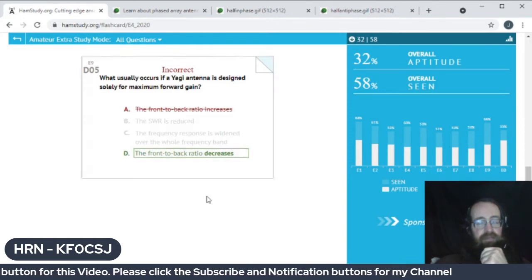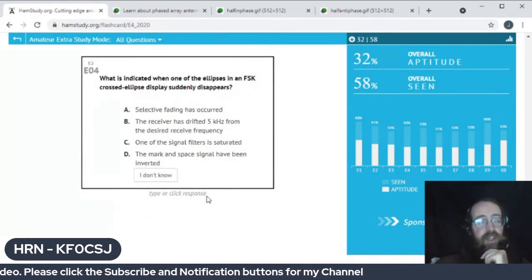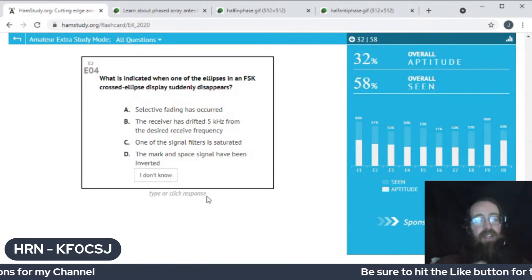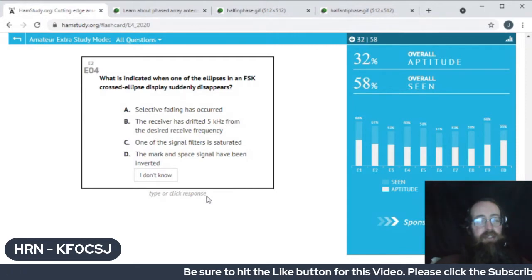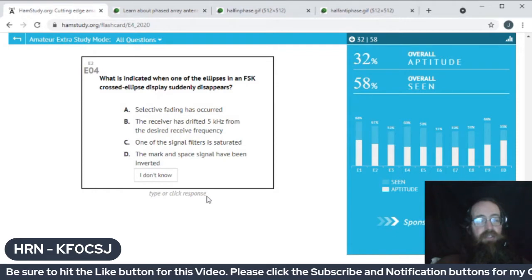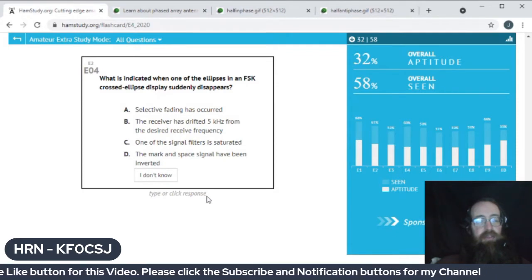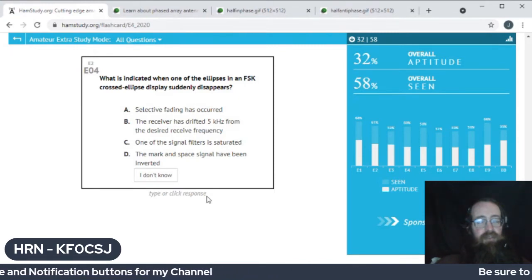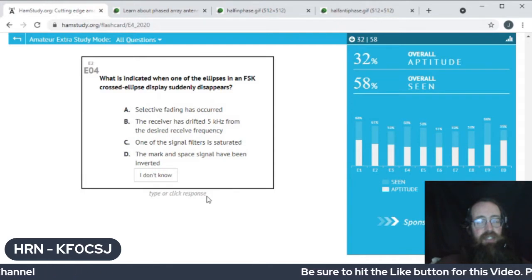Okay. Trick question there. What is indicated when one of the ellipses in an FSK crossed ellipse display suddenly disappears? A, selective fading has occurred. B, receiver has drifted 5 kHz from the desired receive frequency.